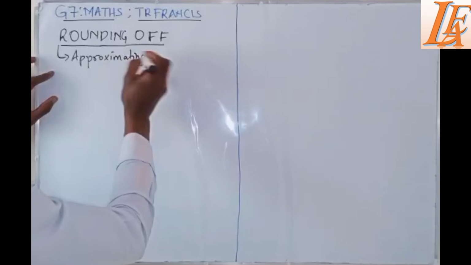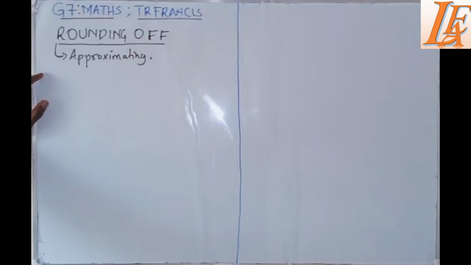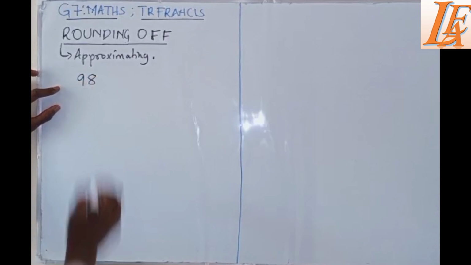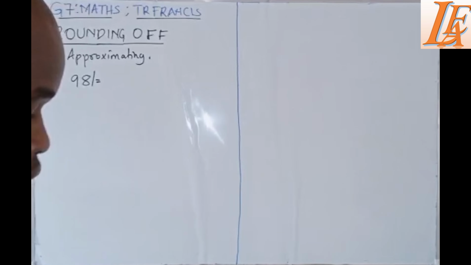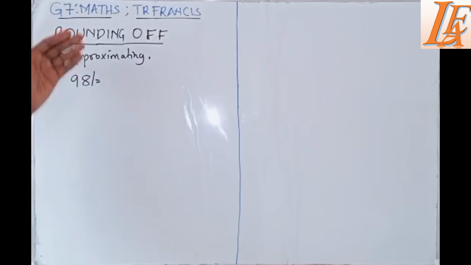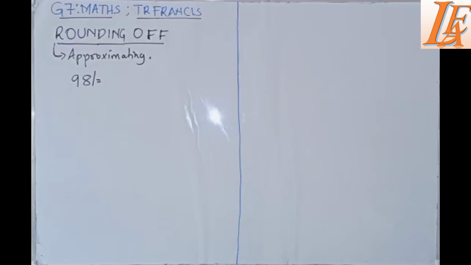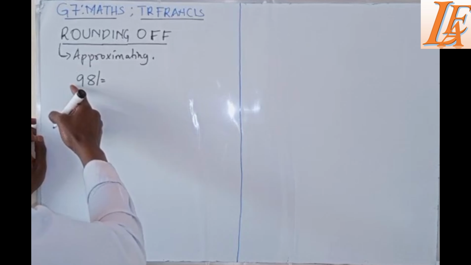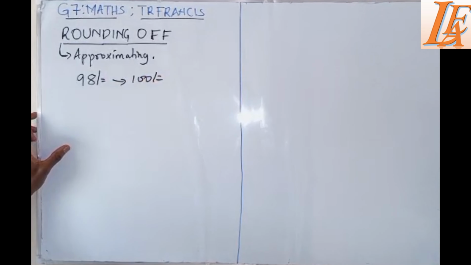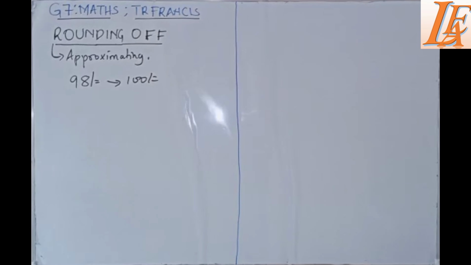For example, if I have 98 shillings in my pocket and I'm told to give a rough estimate, an approximate amount that I might have, then I may round off the amount of 98 to 100 shillings. The question is, how do we round off then?